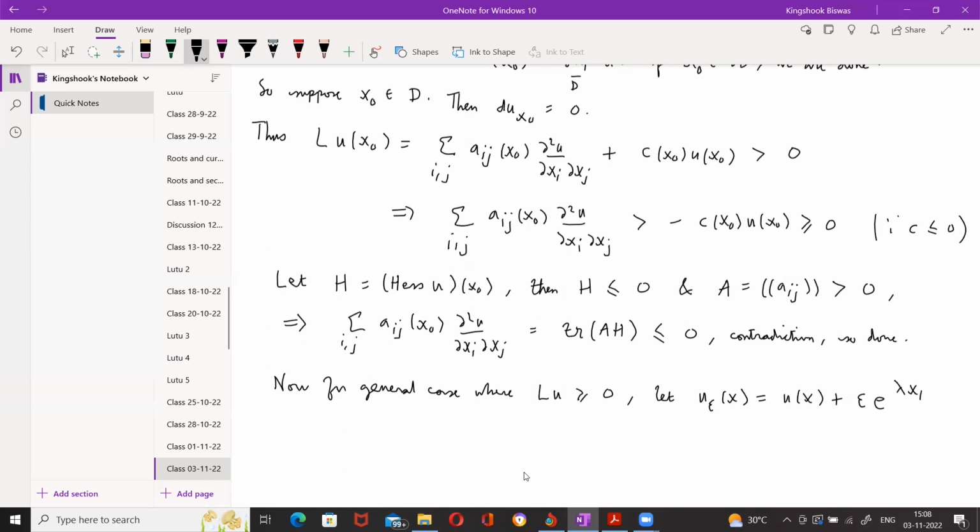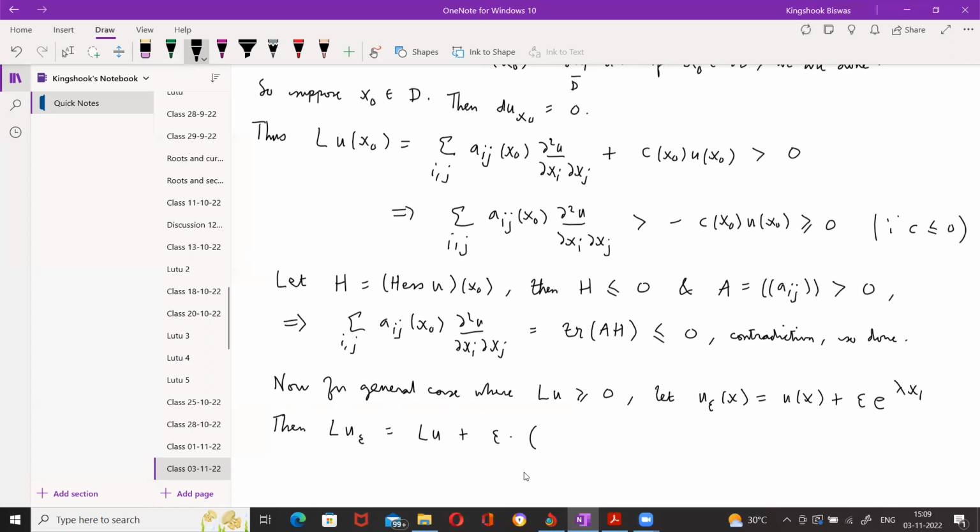So then L of U epsilon is LU plus epsilon times L of this, right? Here this is just a function of x1. So in my del squared u, del xi, del xj, only the del x1 term will come.